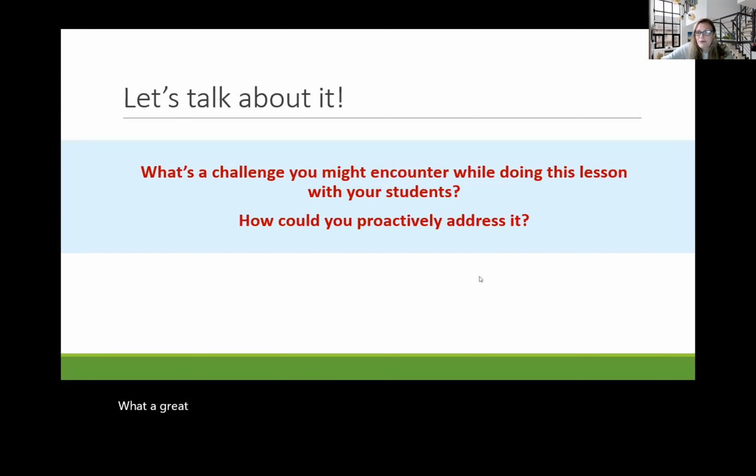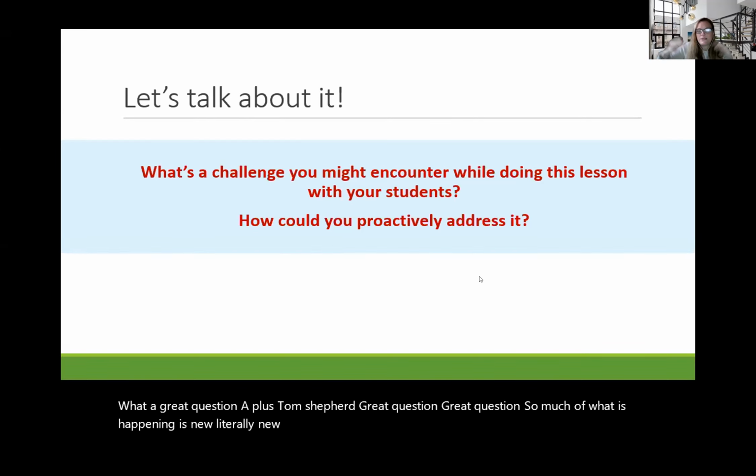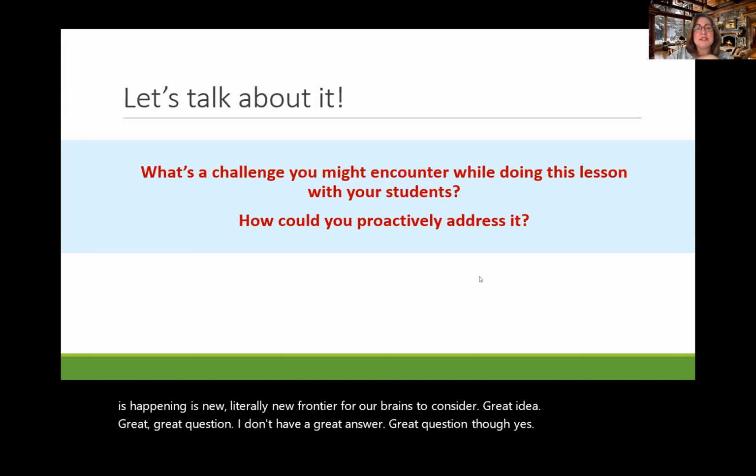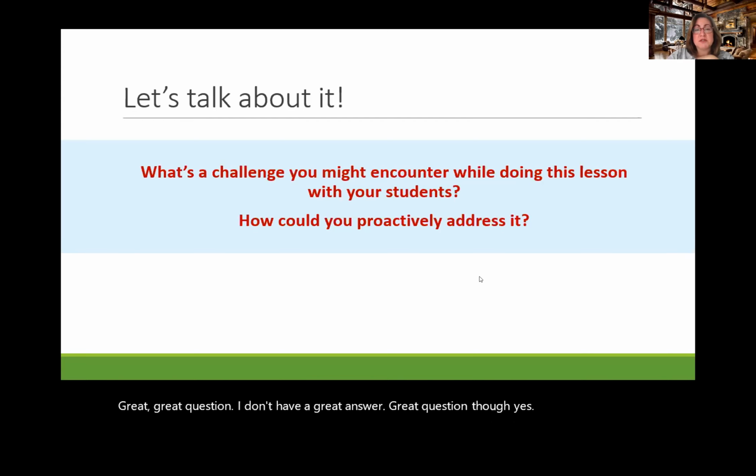A+, Tom Shepard. So much of what is happening is new, literally new frontier for our brains to consider. Great idea. I don't have a great answer. Rachel expands on our comment about this being a great lesson for the Pinelands by saying, especially when paired with the usable water resources.